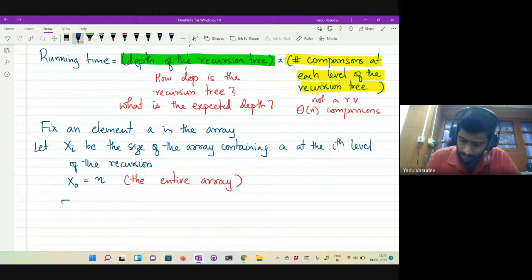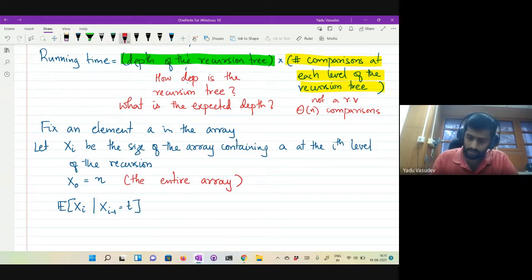So we're going to find the expected size of xi. What is the expected size of xi if I tell you that xi minus 1 is equal to t?